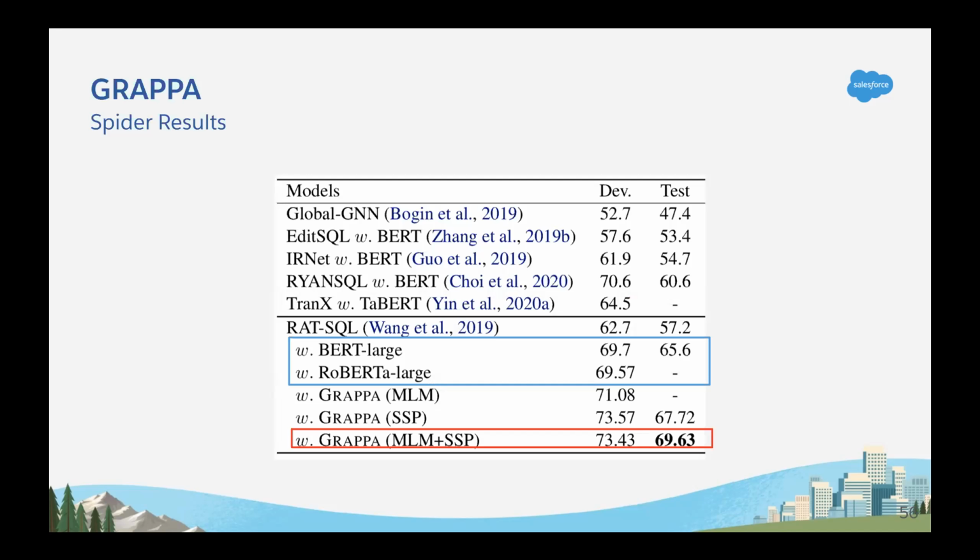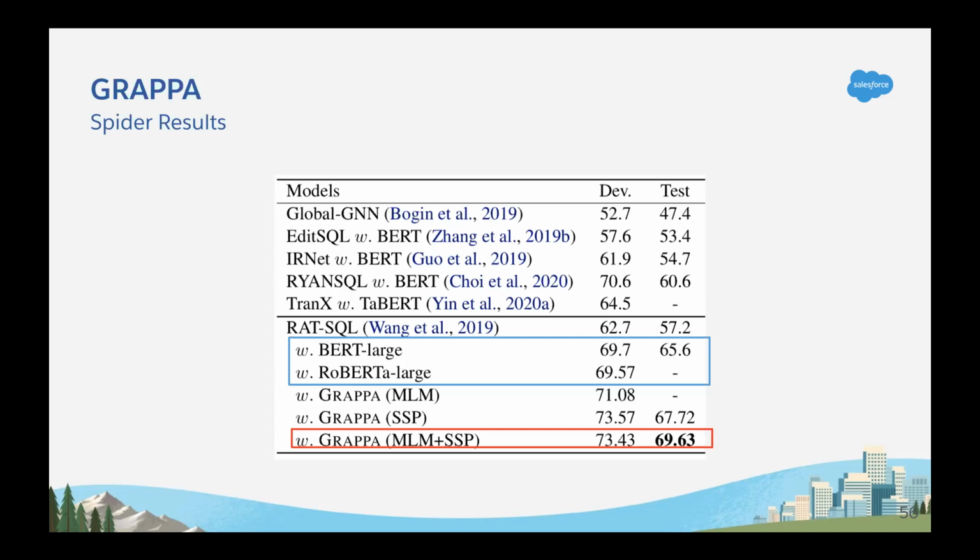For example, your method gets 69 points. Yeah, this is a mean. I think this is not the maximum. We ran several times, but I don't remember whether this is mean or max, but the difference is not big. It's a very small difference, I remember. Right, that's why I'm curious.